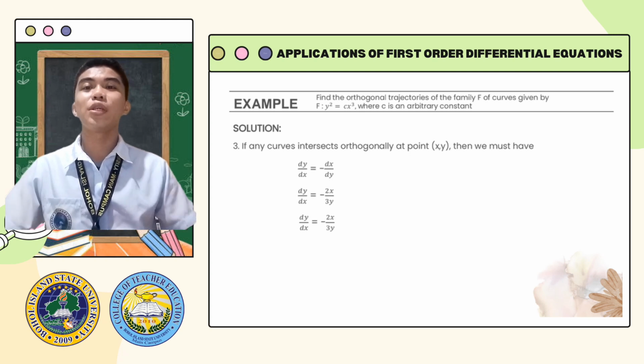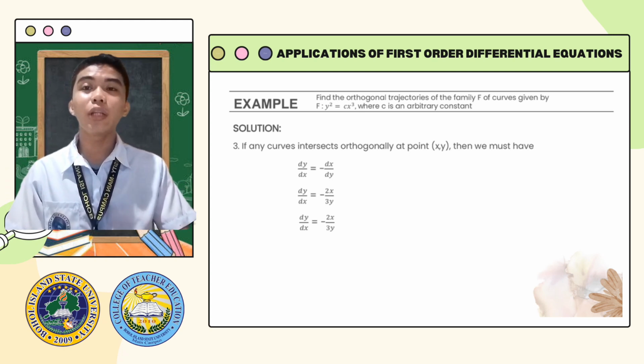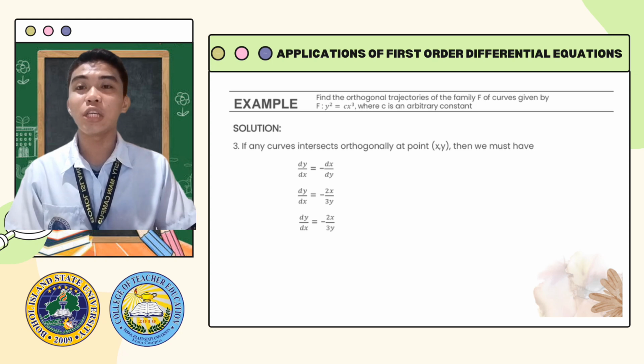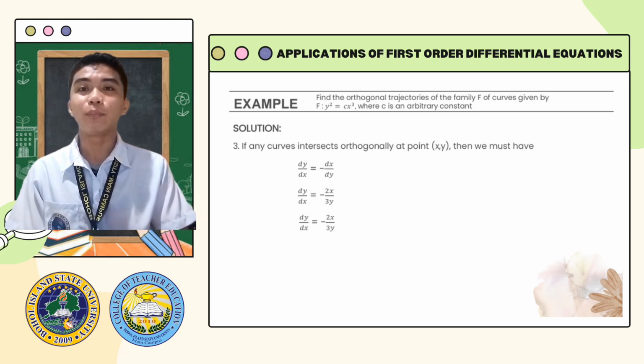Now let's proceed to the third step. If any curves intersect orthogonally at point x, y, then we must have dy over dx equal to the negative reciprocal of dy over dx, which is negative dx over dy.